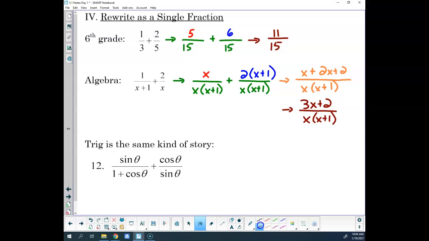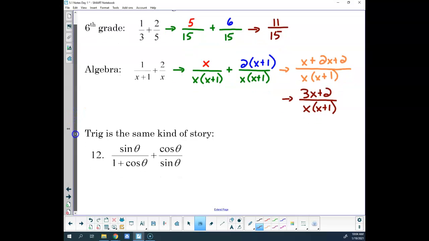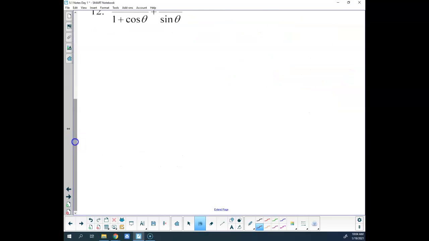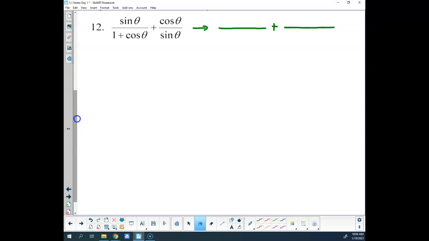Well, fast forward to 3.5 minutes ago when we clicked onto this slide: trig is the same kind of story. If you've got an expression that's fractional, the first thing you have to do is find yourself a common denominator. In this case, the common denominator is going to be sine of theta times 1 plus cosine of theta.